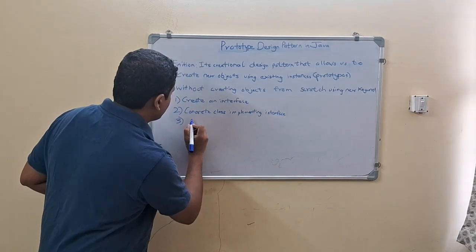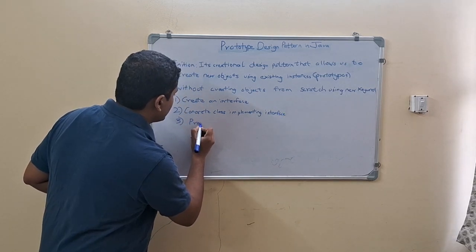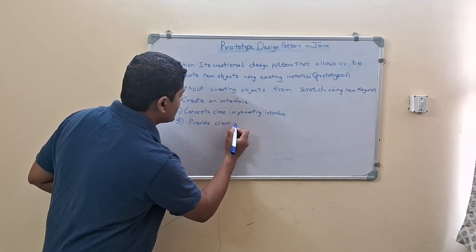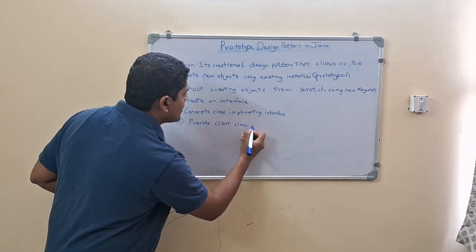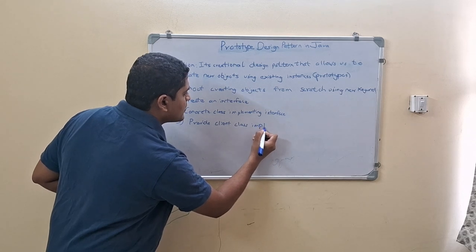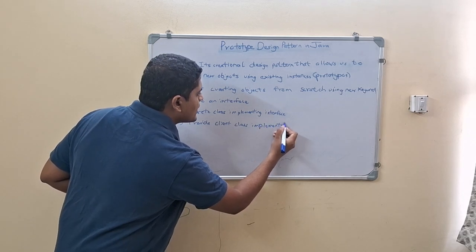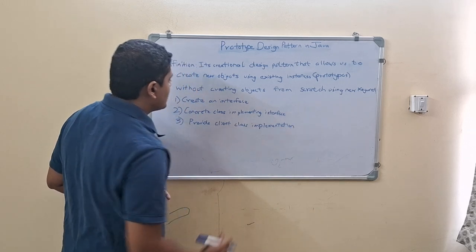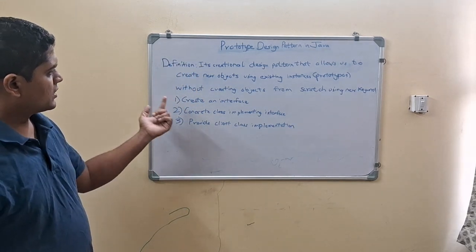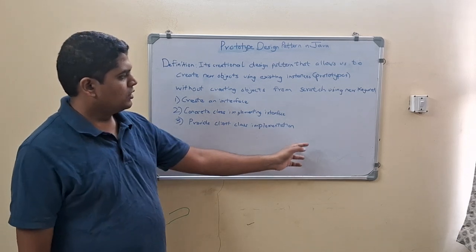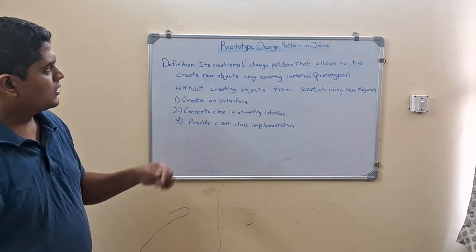And third, you have to provide a client class implementation. You have to first create an interface, a concrete class implementing that interface, and provide a client class implementation to implement the prototype design pattern.